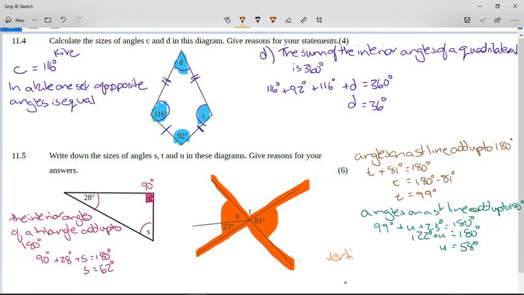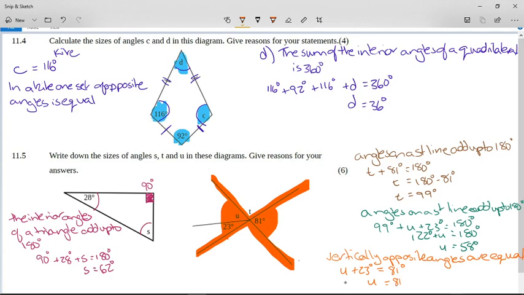Vertically opposite angles are equal. So if you remember this rule, it's a useful rule. So U plus 23, can you see those two angles are fitting inside that vertically opposite angle, equals 81 degrees.